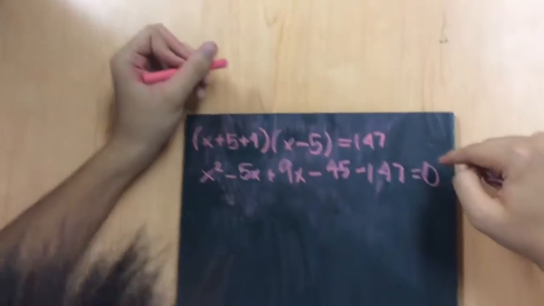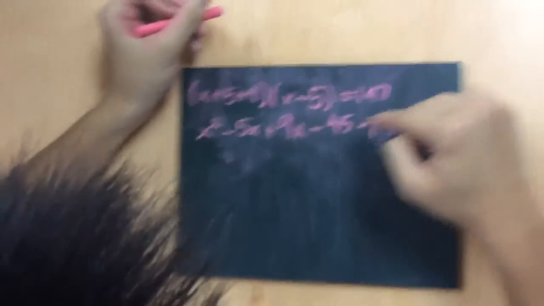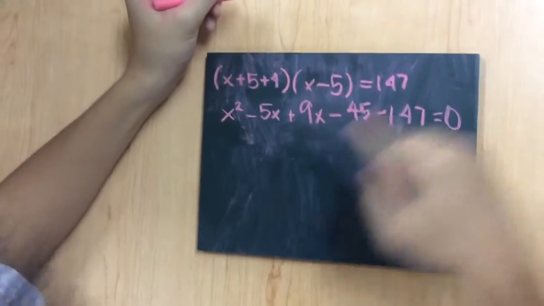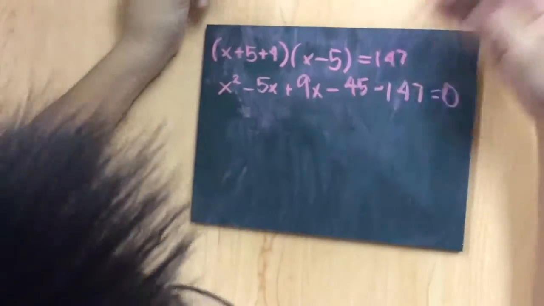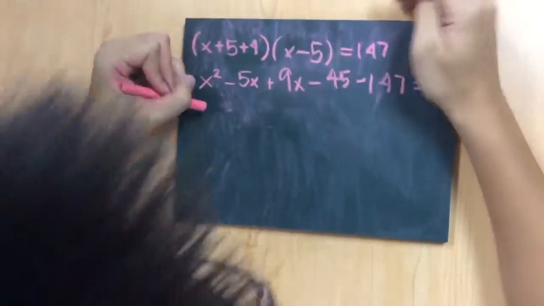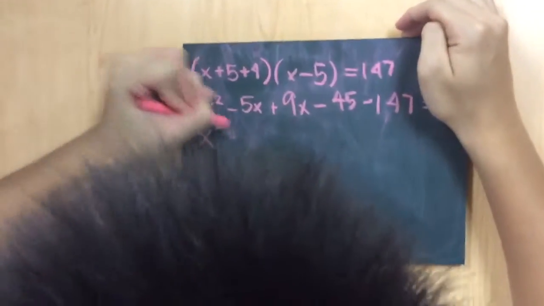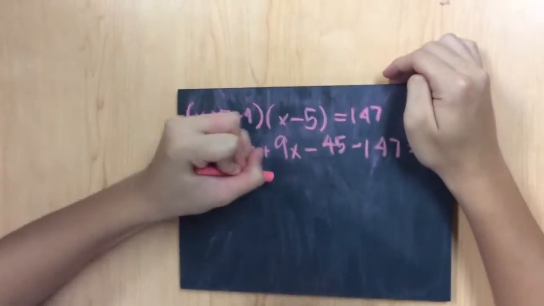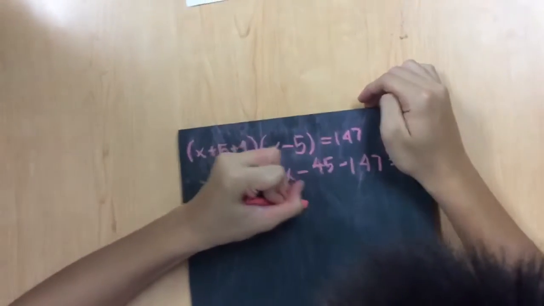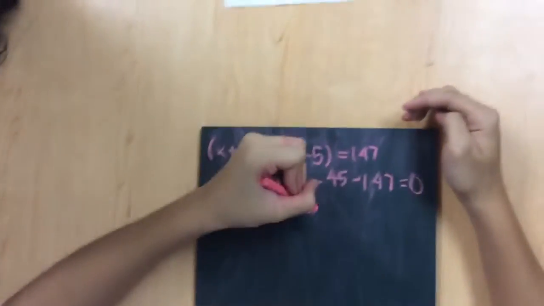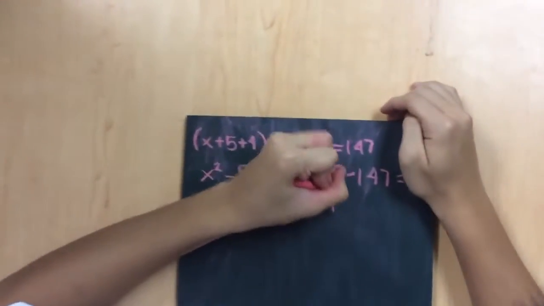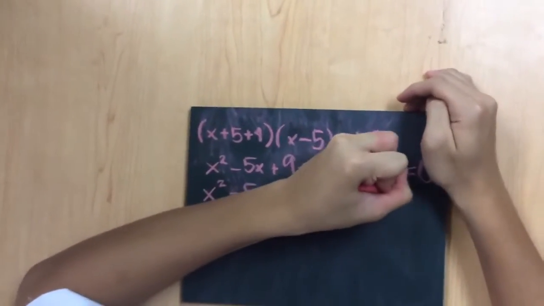Keep in mind that you have to transpose 147, and then it becomes negative. After that, we add the similar terms, minus 5x plus 9x, which gives us x squared plus 4x minus 192 equal to 0.